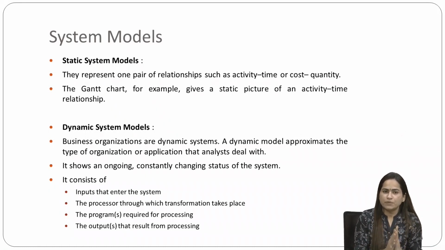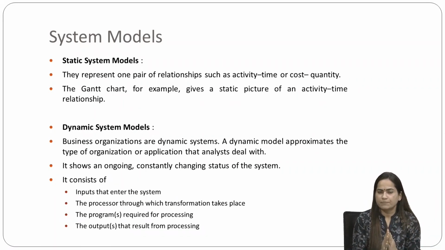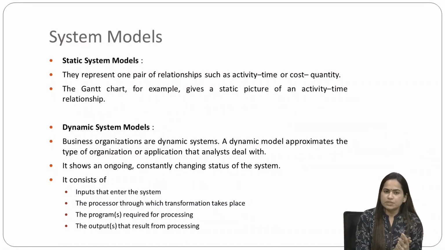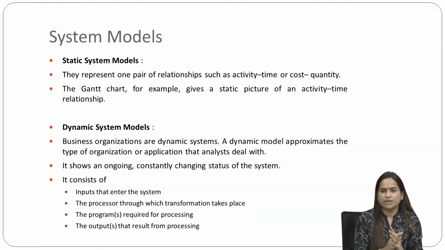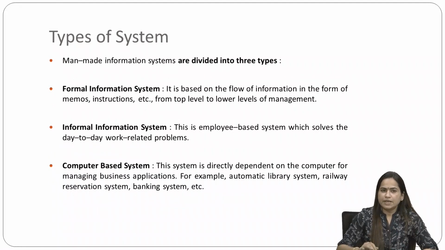It consists of inputs that enter the system, the processor through which transformation takes place, and the programs which are required for processing. The outputs that result from processing. So this is what we are having in dynamic system models. So in system models we have seen, let us have a look.